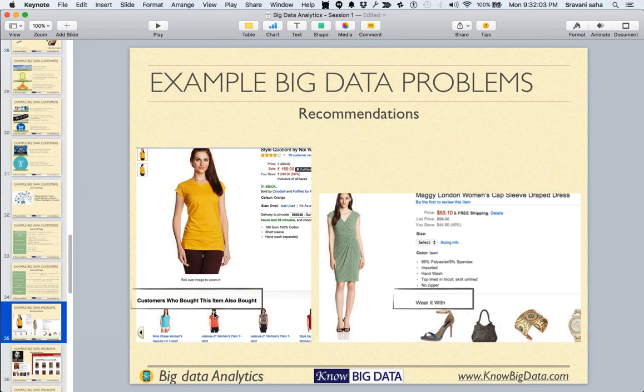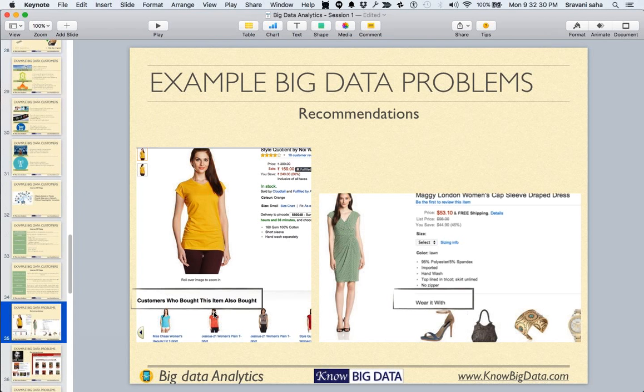All right, the other sample big data problem is recommendation. Recommendation means suggesting something to you based on your past behavior and other people's past behavior. By definition, recommendations would be better if done on bigger data.